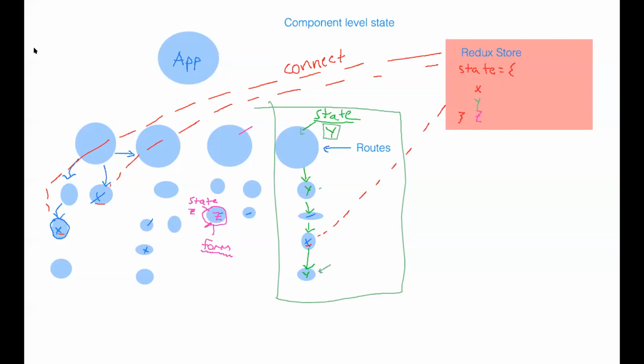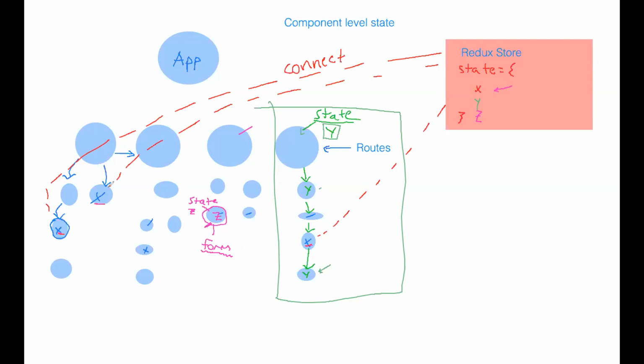So the state that we put into Redux is state like state X, where it's in multiple places throughout our application, to be able to manage that state in one place, even though it's displayed all over our application.